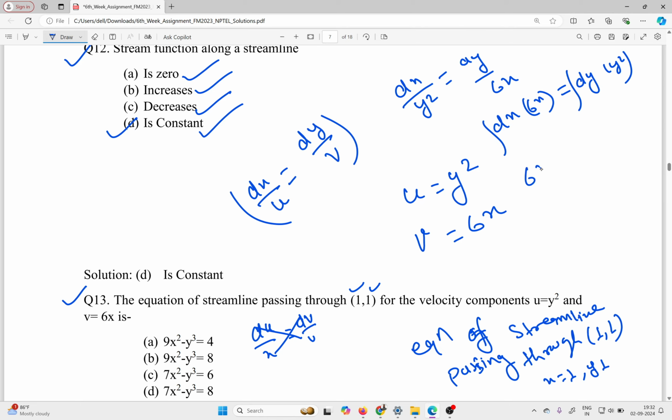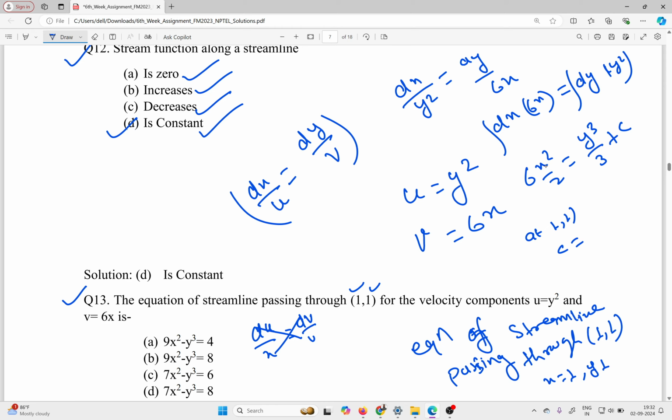So 6x square by 2 is equal to y cube by 3 plus c. At 1 comma 1, C is equal to what?